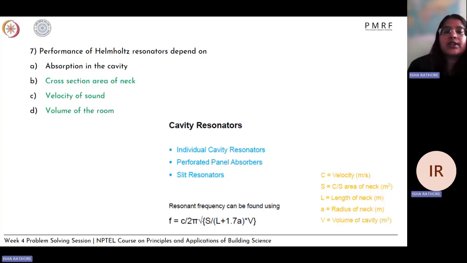Their performance depends on the velocity of sound, so C is correct. The cross-section area of the neck, the void through which sound enters, means B is also correct. And D, the volume of the cavity V. So B, C, and D are all correct answers to this question.